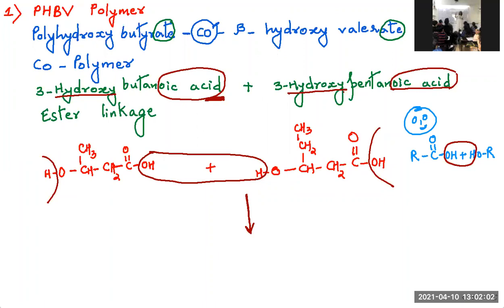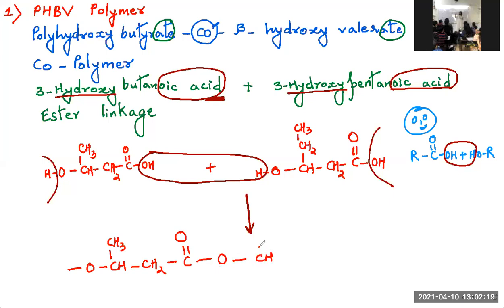Now writing it: O, CH, CH3, CH2, CO, O. This is the ester linkage.